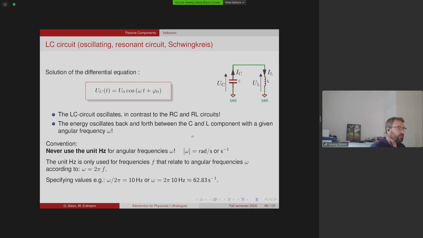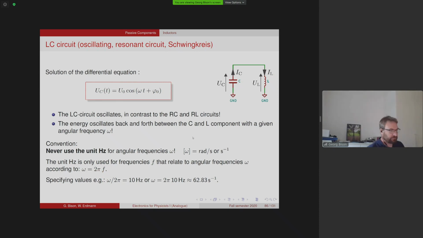The important comment is that the unit hertz, which in principle is the same as inverse seconds, is only used for frequencies and not for angular frequencies. So if you write down an angular frequency like this one, something that can directly go into the argument of a cosine or sine, you have to multiply the normal frequency with 2 pi.